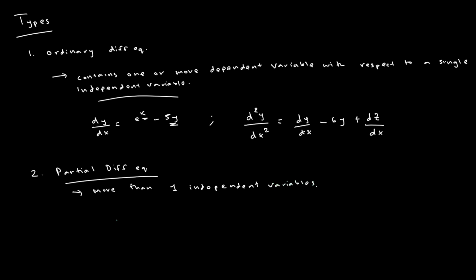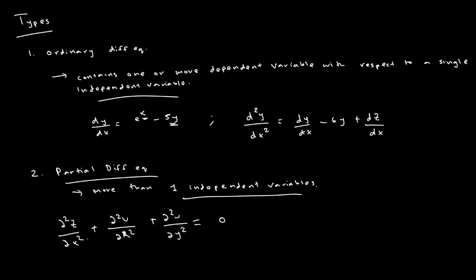You'll usually see partial derivatives, like the partial of u with respect to the partial of x, plus the partial of u with respect to the partial of y is equal to 0, for example. Now we have more than one independent variable, and then you can augment this and have multiple dependent variables as well. This is much more complex than dealing with these, so we're probably going to be focusing on the first one. But that's the first classification.